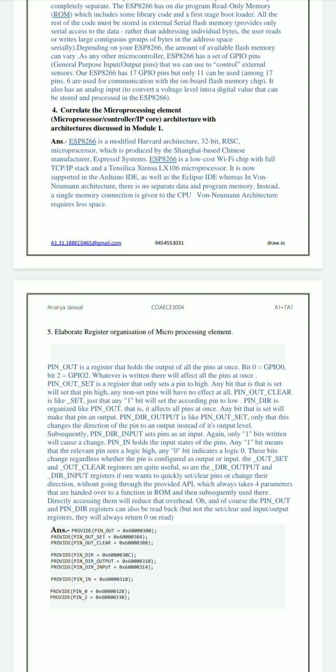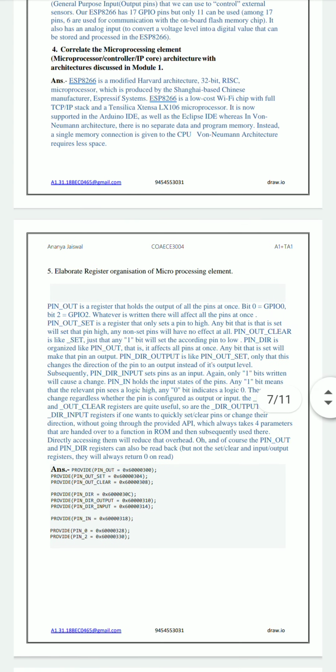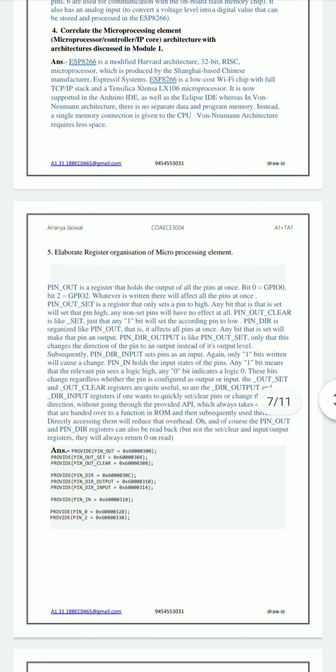PIN_DIR is organized like PIN_OUT, that is, it affects all pins at once. Any bit that is set will make that pin an output. PIN_DIR_OUTPUT is like PIN_OUT_SET, only that this changes the direction of the pin to an output instead of its output level.